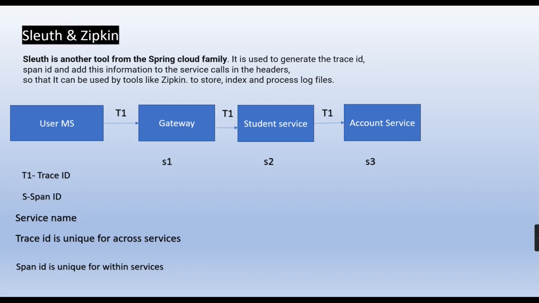When we run the Zipkin server, it comes in the form of a graphical interface. It clearly indicates which service is failing, what time it was failing, and all the log information is available. How we are going to use Sleuth and configure Zipkin, we will see in the next slide.